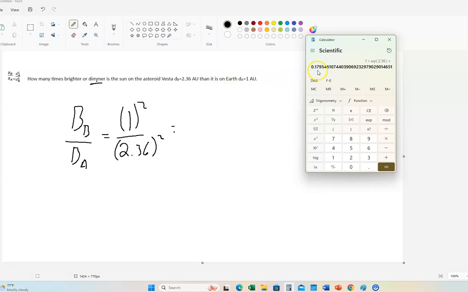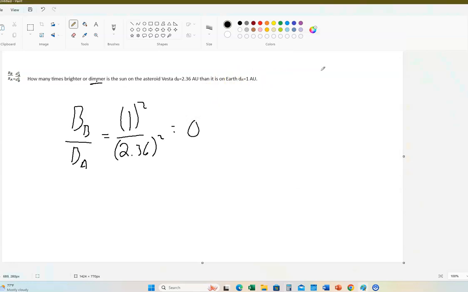It turns out to be like 0.179, so we'll call it 0.18. So on Vesta, there are several ways to look at it. The sun is dimmer by a factor of 0.18, or another way of saying this would be the sun is 18% dimmer.